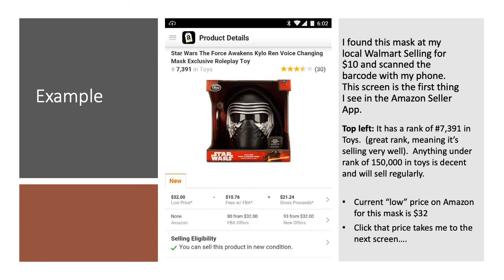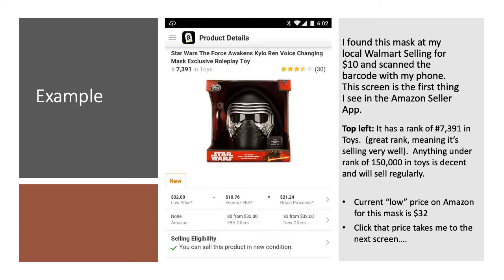In Amazon Canada, ranks are less relevant, and you'll see in the online arbitrage section that I recommend using a site called Keepa or Camel, and that'll give you more information on how an item's historically been selling on Amazon. Ranks on .ca are going to be less forgiving. So while I said 150,000 in toys is a decent rank on Amazon.com, in Canada a rank of 10,000 is a decent rank because it's a much smaller marketplace. So something to keep in mind.